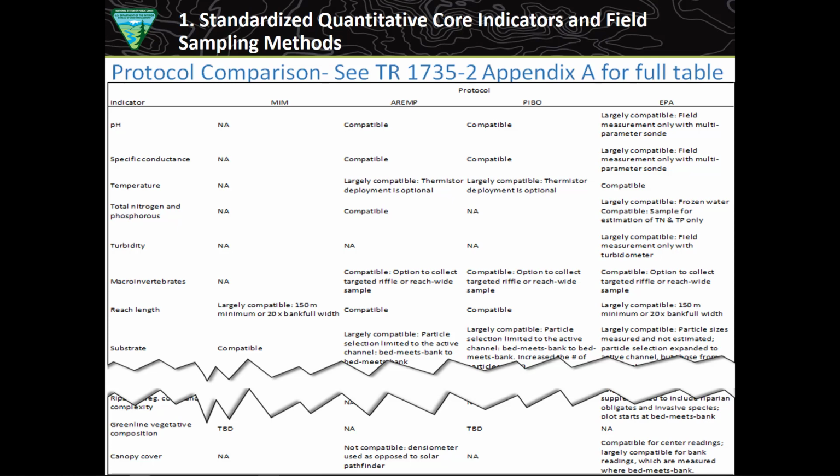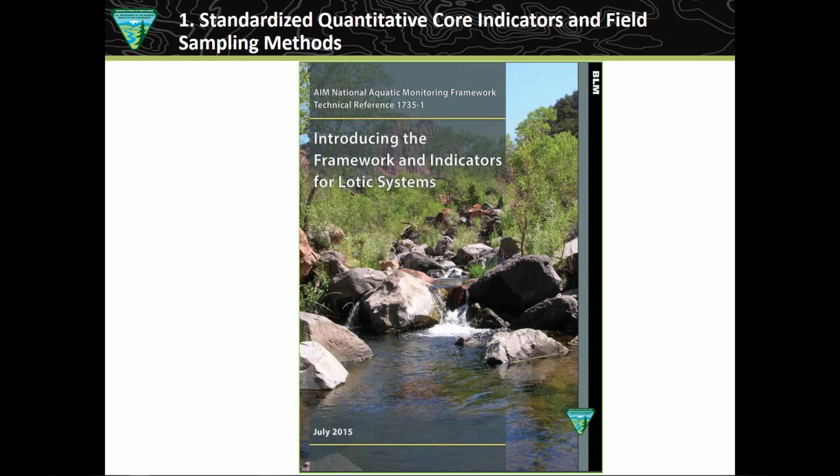This is a table detailing the protocol's compatibility to other LODIC sampling protocols, such as MIM, AREMP, and PIBO. More information on indicator selection can be found in Technical Reference 1735-1.